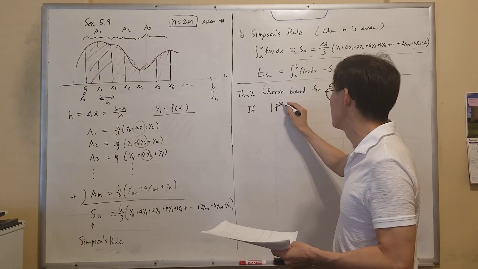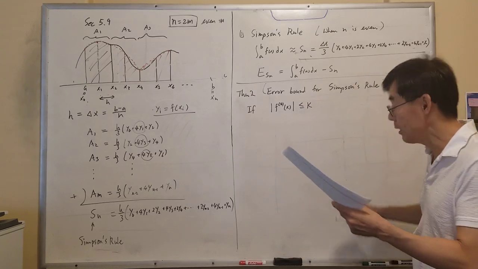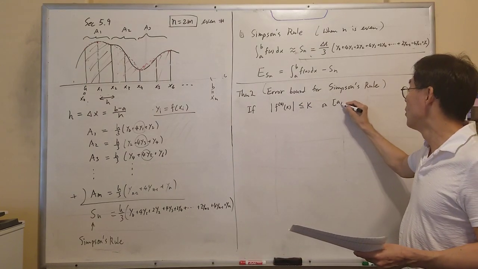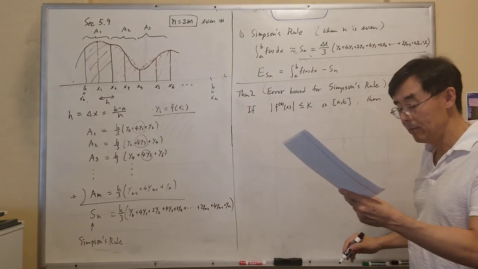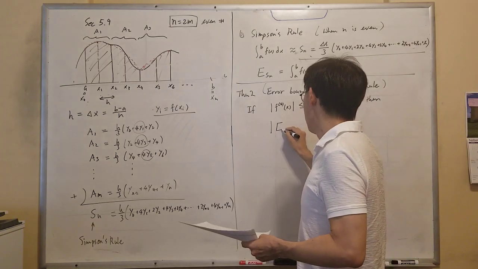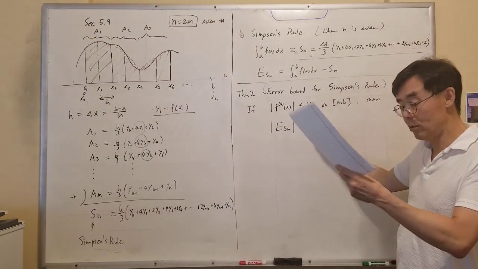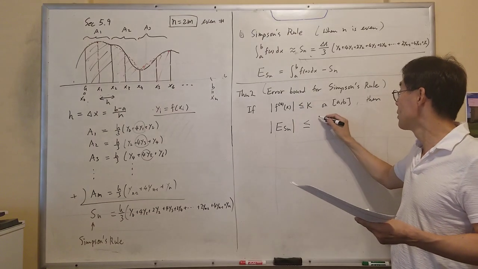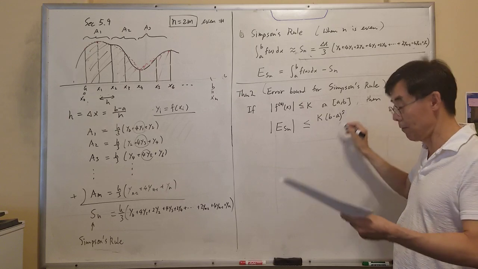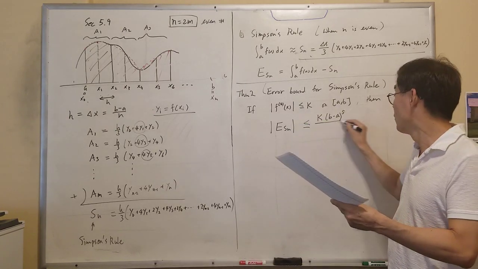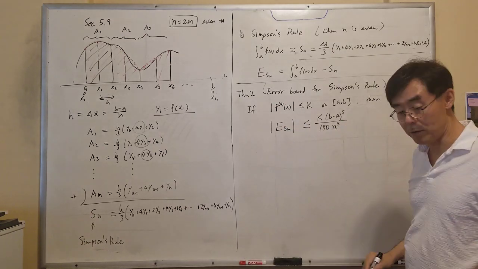If the fourth order derivative of f is always less than or equal to capital K on that interval, then the absolute value of the error due to Simpson's rule is always less than or equal to K times (b minus a) to the fifth power over 180 times n to the fourth.